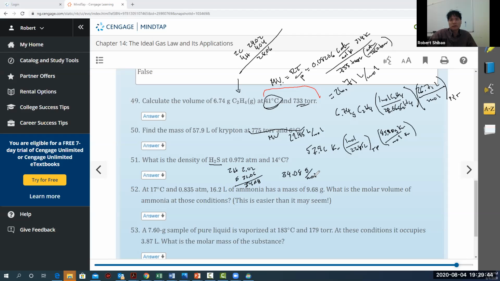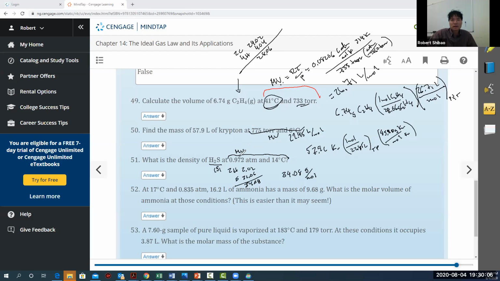We want liters down here, because density for gases is grams per liter. Density for solids and liquids is grams per milliliter, but gases are 1,000 times less dense, so grams per liter. And so we need to convert moles of gas to liters of gas. Well, we can convert moles of gas to liters of gas using the molar volume here.